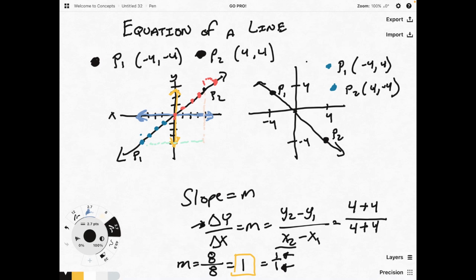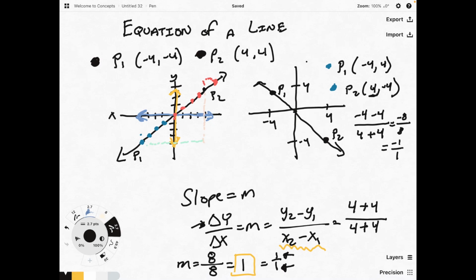Using our equation for slope, we do y2, so negative 4, minus 4, because it's P1, which is y1, divided by x2, so 4, because that's the x value at point 2, and then minus x1, so minus a negative is a positive. So we get negative 4 minus negative 4, which equals negative 8 over 8. And this reduces down to a negative 1 over 1.